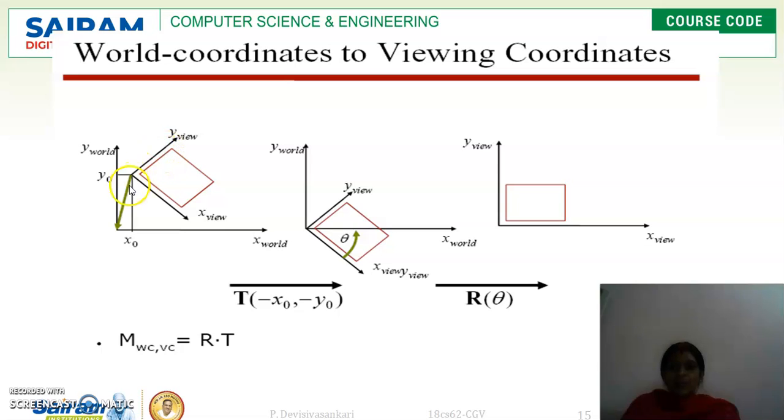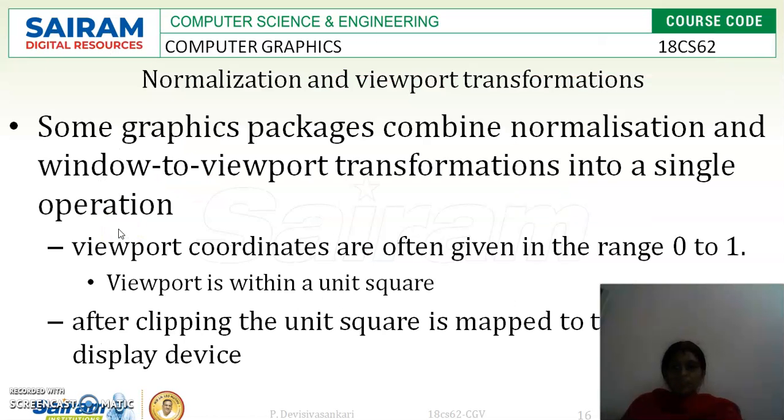So we have to do the proper rotation as well as the translation with respect to the origin, and normalization and viewport transformations, right? Here the viewport coordinates are always given in the range of 0 to 1. Okay, so the viewport is always within the unit square. After clipping, the unit square will be mapped to the output display device.